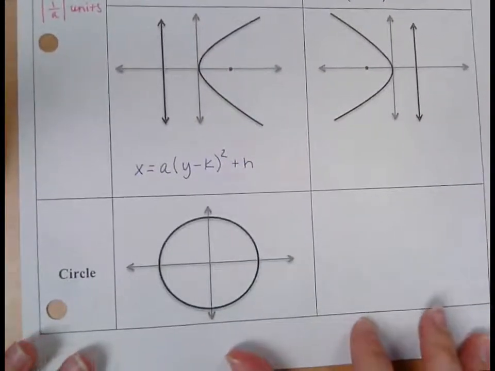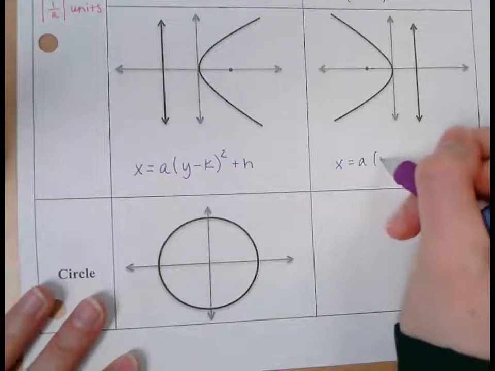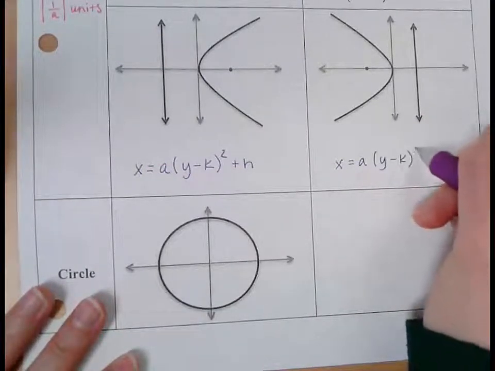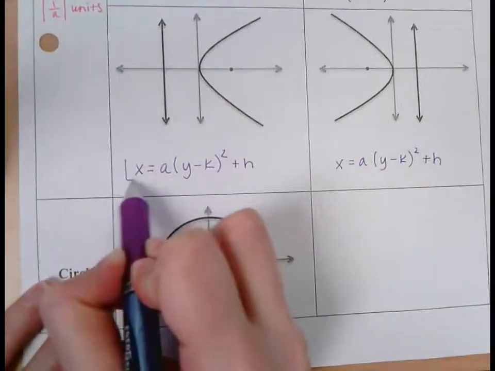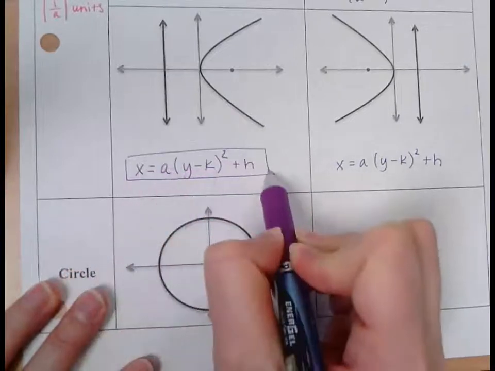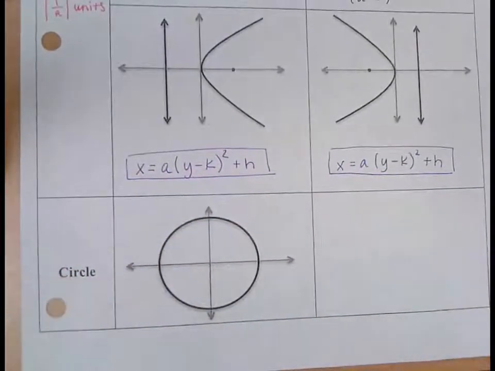So x equals a times the quantity y minus k squared plus h. So notice not only did the x and the y switch, the h and the k switched as well.